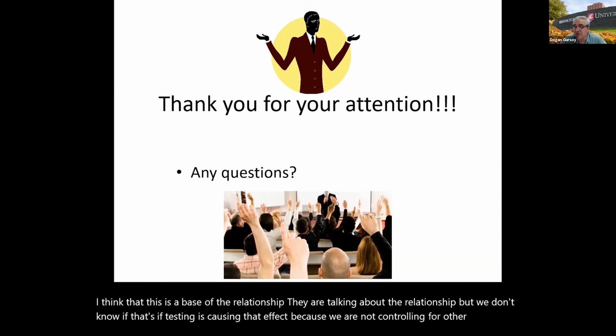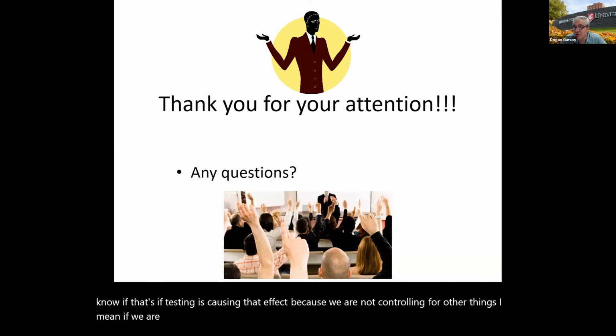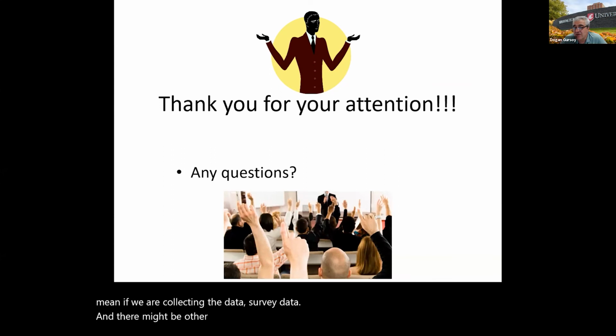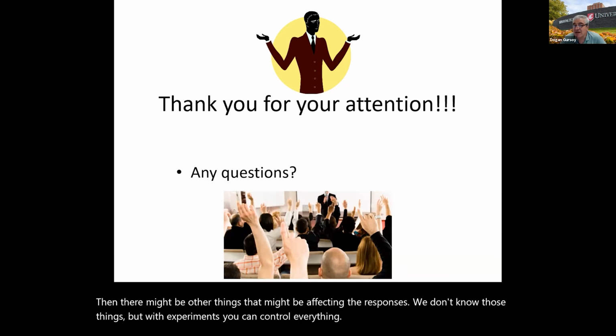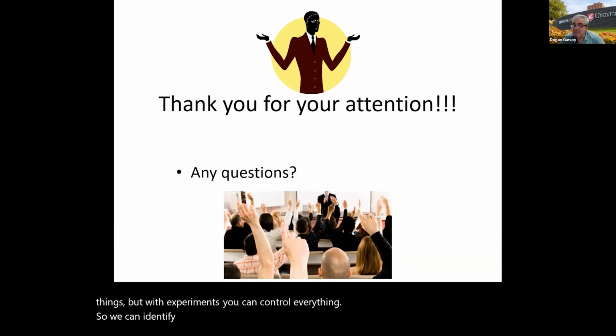If we are collecting survey data, there might be other things affecting the responses. We don't know those things, but with an experiment, we can control everything. So we can identify the relationship between A and B with experiments. But with SEM, that's not really possible.